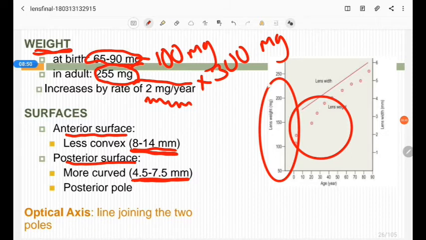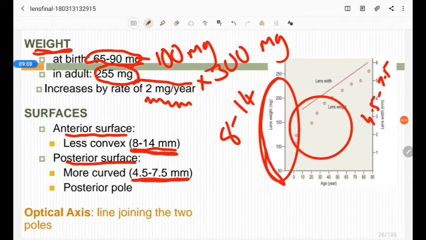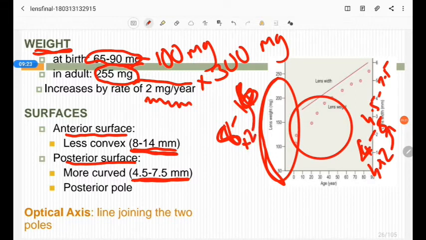So obviously the anterior part has a greater radius of curvature, around 8 to 14 millimeters, and the posterior part is a smaller circle, around 4.5 to 7.5. To make it easier, this is 4 to 8 and the next is 8 to 16, that is double of it. So 4 into 2 is 8 and 8 into 2 is 16. You can remember it that way also.